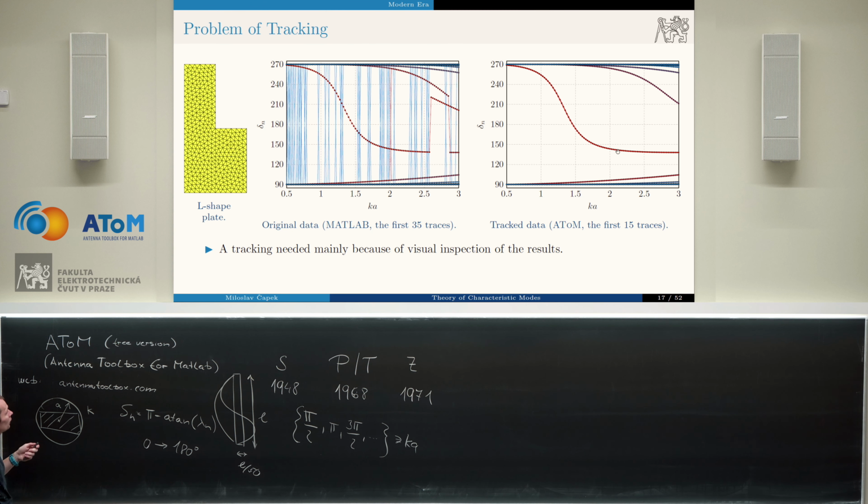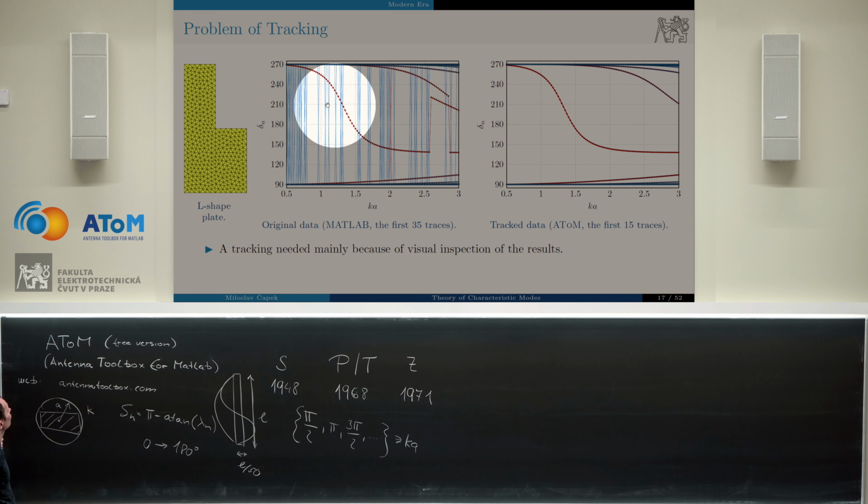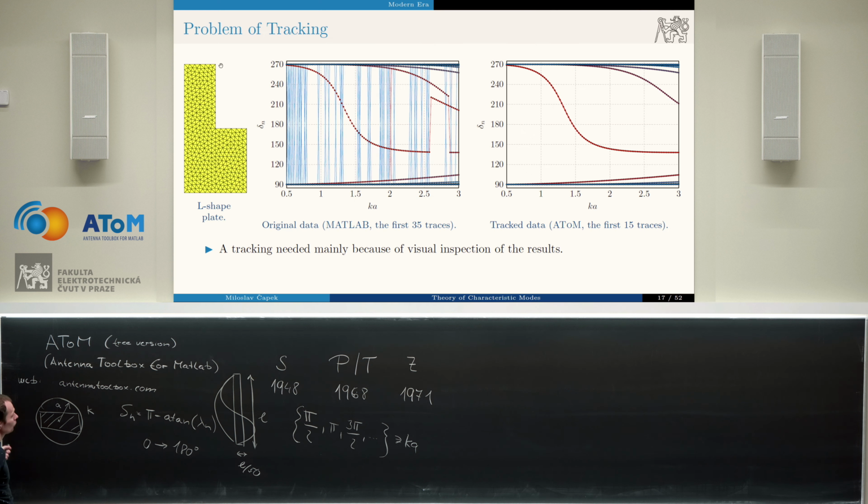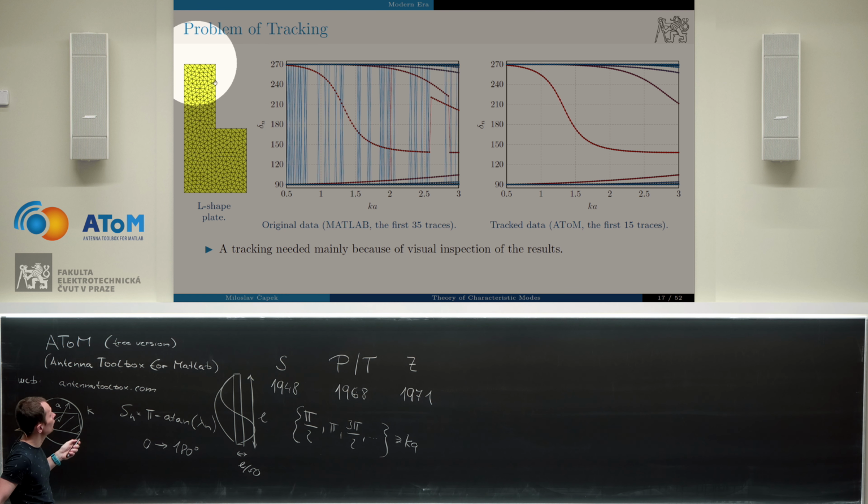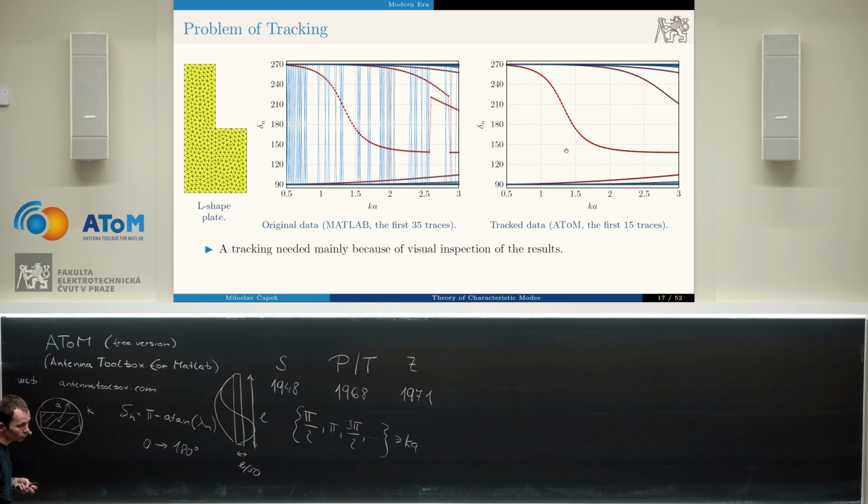And notice that these are data really calculated for the L-shaped plate shown here in Matlab. So this is a real-life problem, let's say. What you get normally is really this. What you would like to see is this. And how can you do it? Clearly, you have to incorporate some tracking algorithm, which is basically sorting all the eigentraces correctly.